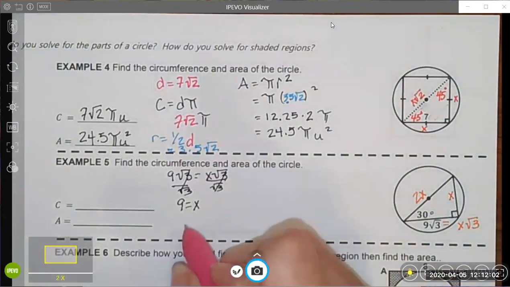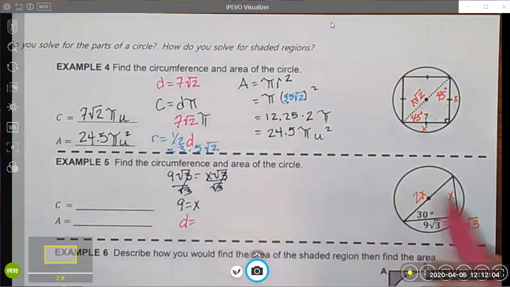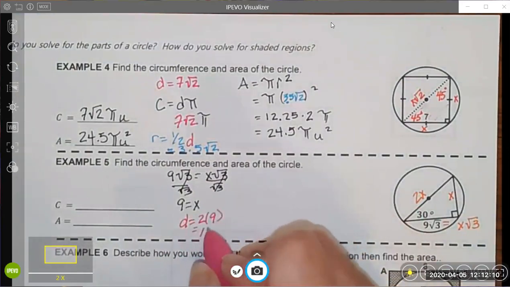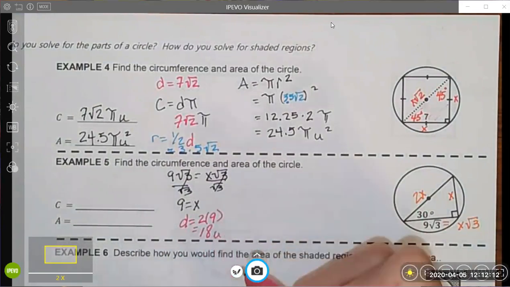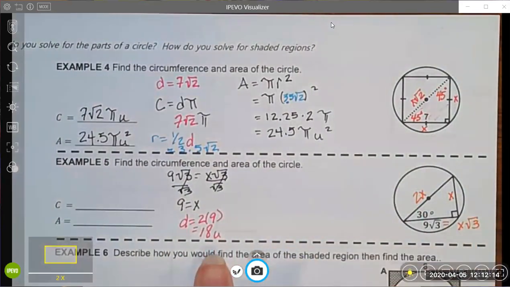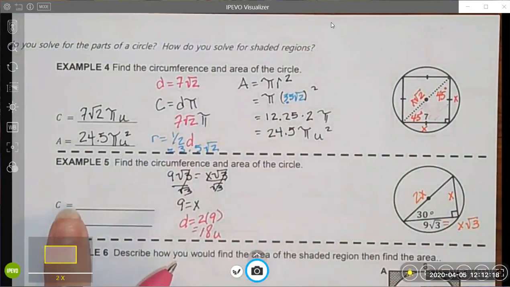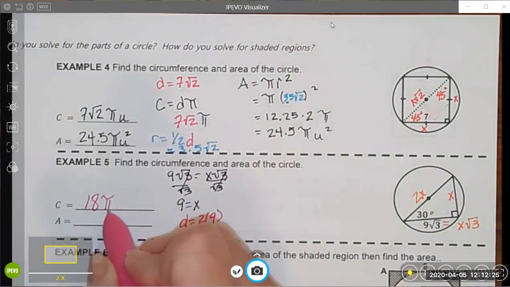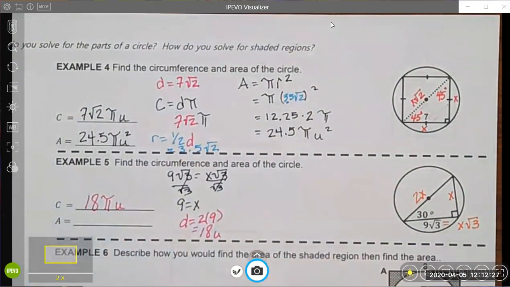My diameter is going to be equal to 2x, or 2 times 9, 18 units. Because I know my diameter, I can find my circumference. Circumference is my diameter times pi. So this becomes 18 pi units.